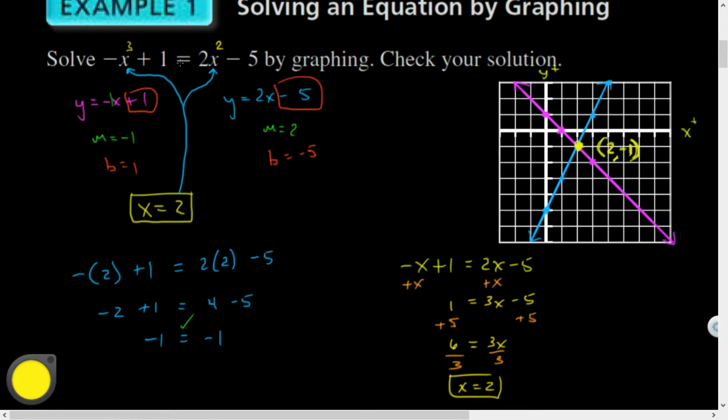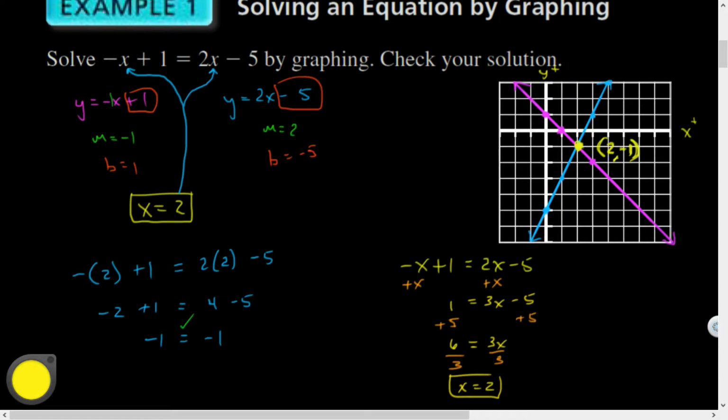But if I was able to make a table of values, like Brandon was saying, for both of those, I could have graphed both of those. They wouldn't have been lines. They would have been crazy curves. But the idea of finding their intersection still would have worked. And those are functions. They're just not lines.